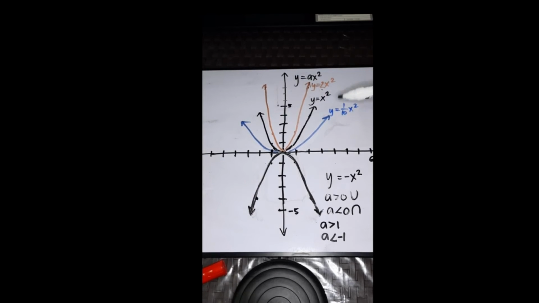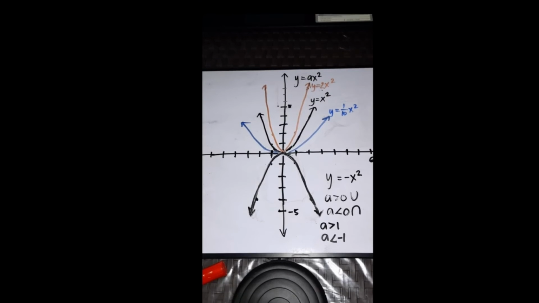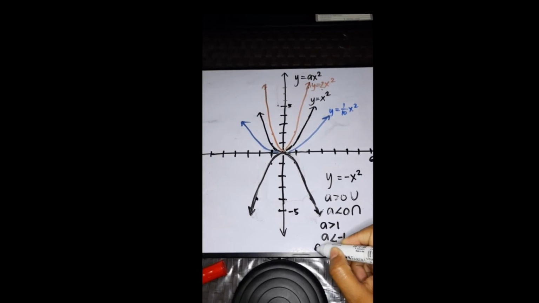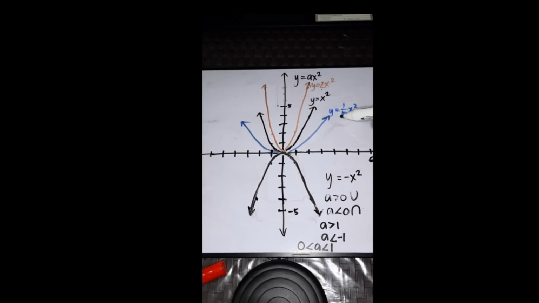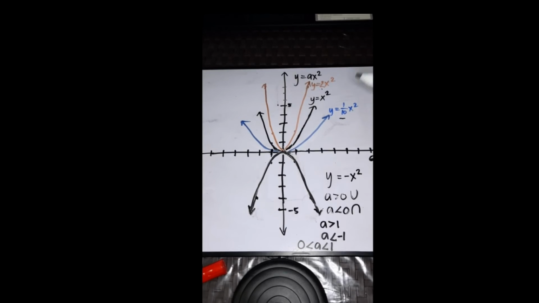Now, if the value of a is greater than 0 but is less than 1, just like y is equal to 1/10 x squared, wherein our a is 1/10 and 1/10 is definitely greater than 0 but it is less than 1.